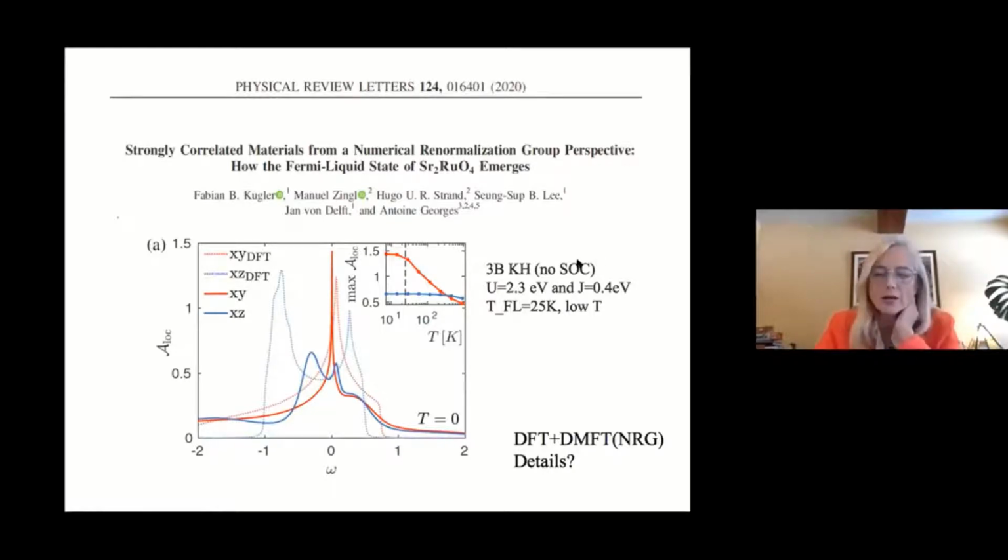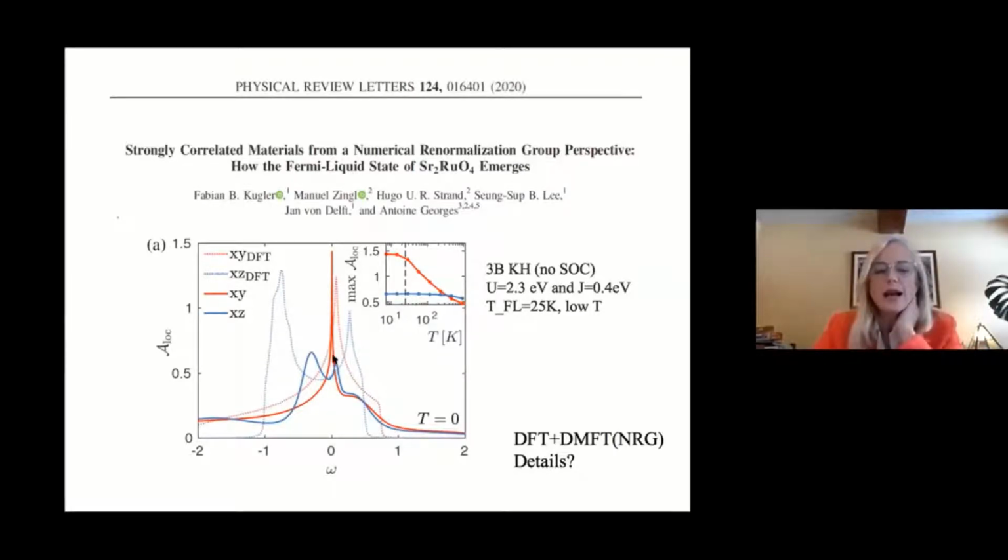Here, in this result, there is no spin orbit coupling, but they can include it. But here they are using NRG as impurity solver, and so again, the NRG converges on the real axis. We can have much more detail of the density of states, and we can reach zero temperature. So this is an improvement to the previous result I showed.